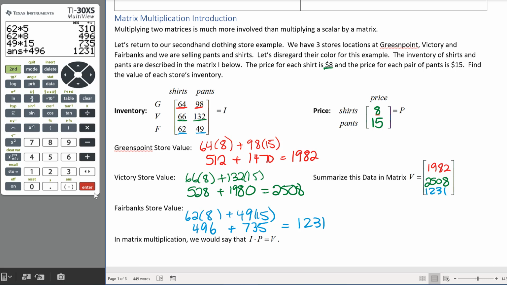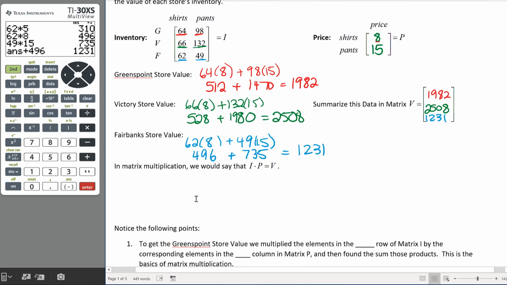Okay, so I just used what I knew about the value of a product, and I found the store's value with the shirts and pants for each of these stores. Now, this is the fundamentals of matrix multiplication. So my I matrix was the inventory, which is 64, 98, 66, 132, 62, and 49.